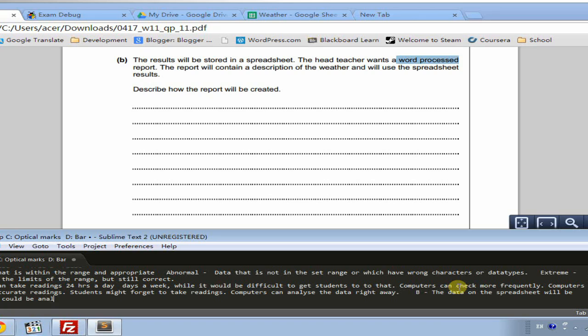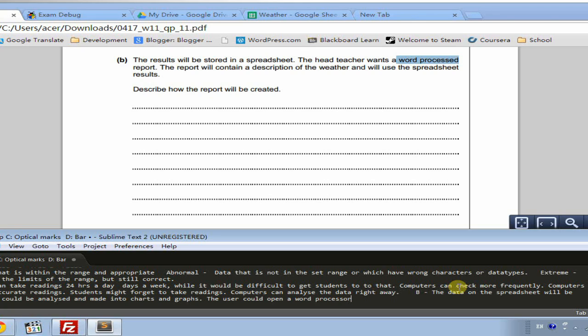The data could be analyzed and made into charts and graphs. The user could open a word processor, for example. Remember, don't put in Microsoft Word or anything. But make sure you say word processor.